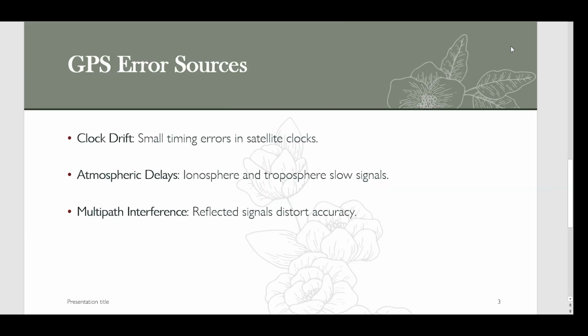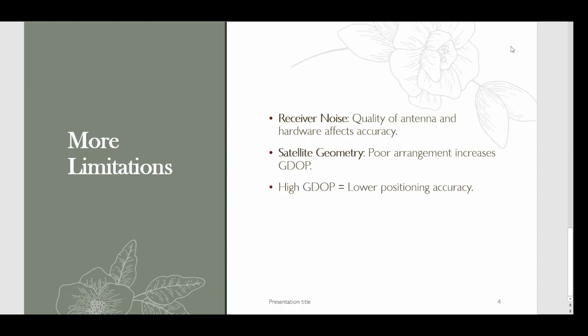GPS accuracy is affected by clock drift, atmospheric delays in the ionosphere and troposphere, and signal reflection from buildings, also known as multipath interference. More limitations. Receiver quality and satellite geometry also matter. Low-cost devices may introduce noise, and if satellites are too close together in the sky, position accuracy drops due to a high GDOP.